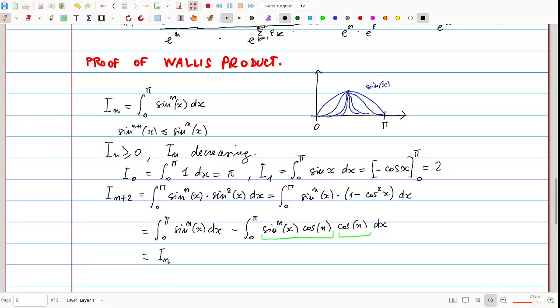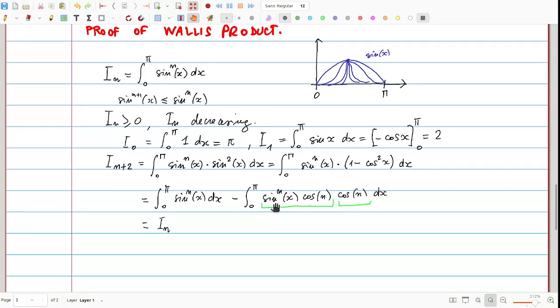We suppose we know it, and here, so what is the derivative of sine to the power n plus 1 of x? The derivative of this is n plus 1 sine to the power n of x times the cosine of x.